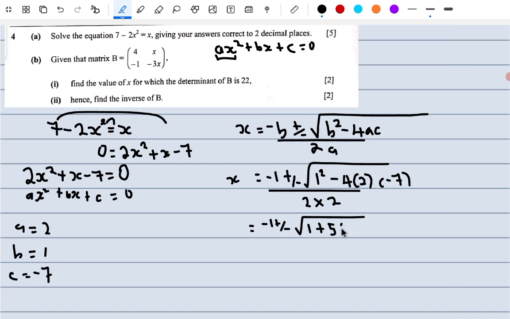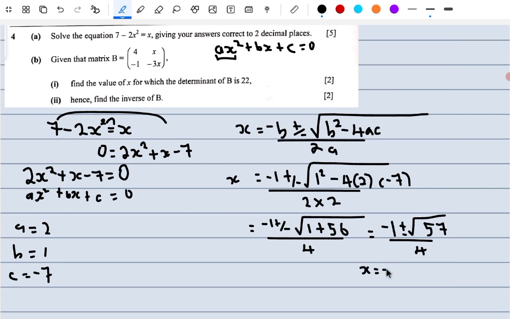If you multiply two negatives, it always gives you a positive, over 4. This will then be negative 1 plus or minus the square root of 57, over 4.